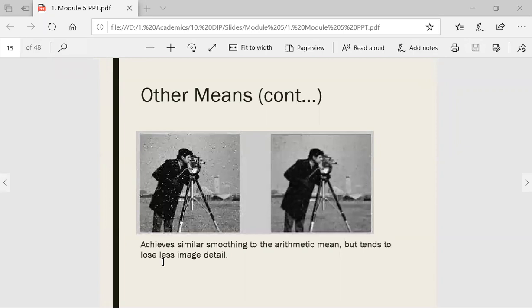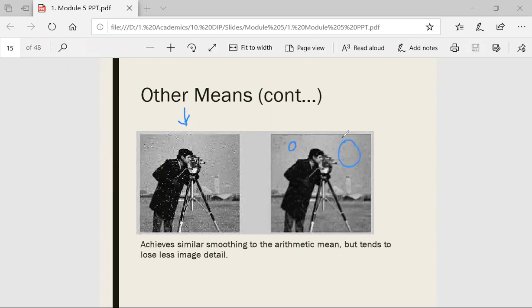So this is one example, where we have used the arithmetic mean filter. But what is happening here is, if you see this image, both salt and pepper noise is there. When you apply the arithmetic mean filter, you are going to lose some information.